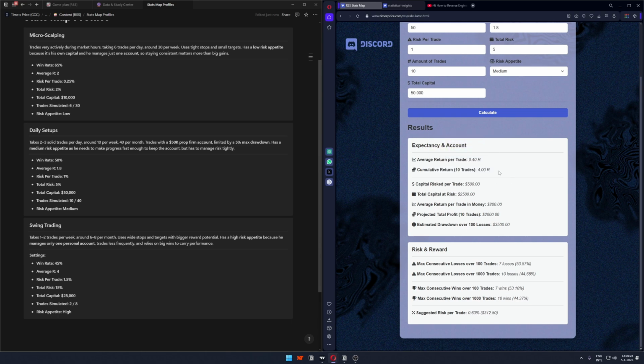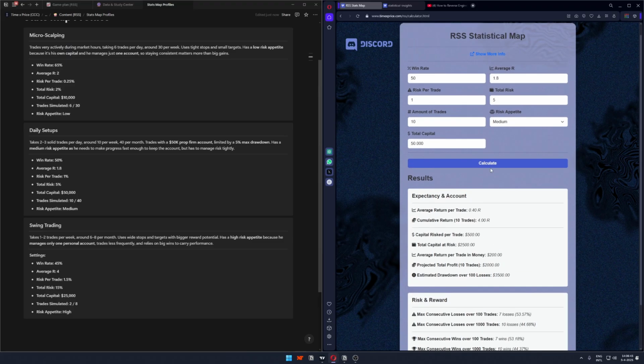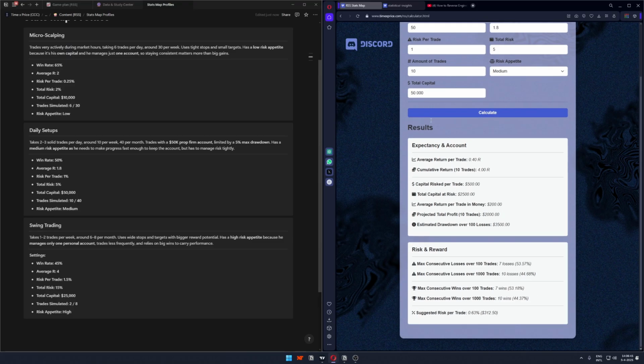So about 10 trades he'll have back 4R, but he can up the expectancy so he can lower the risk, as the suggested risk is almost at half of what he is using right now.